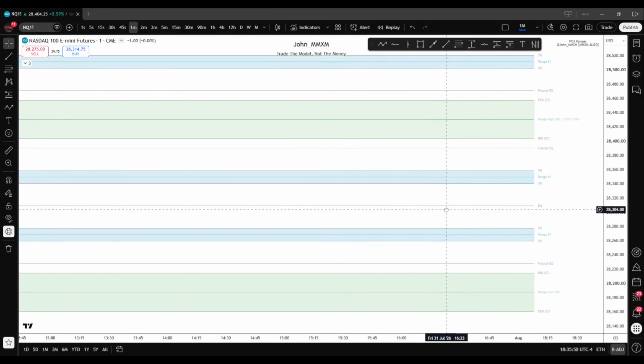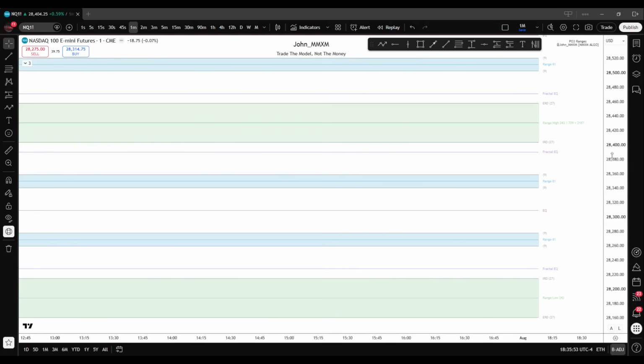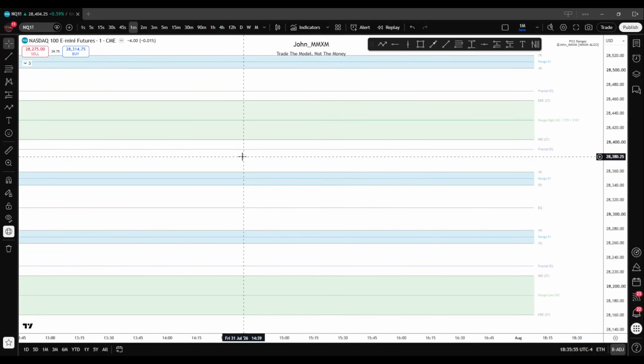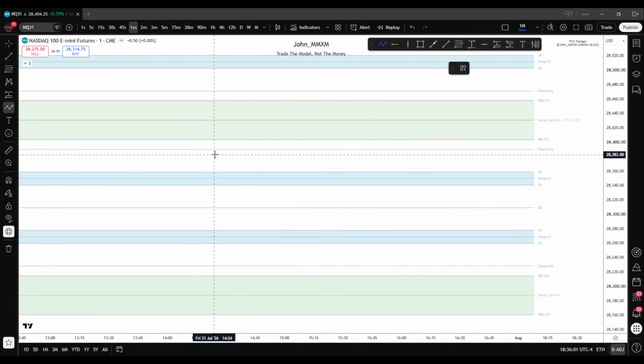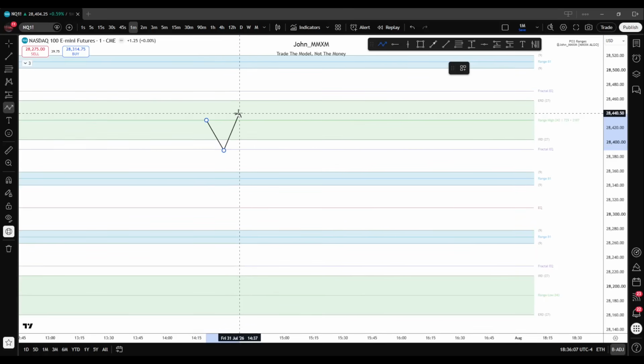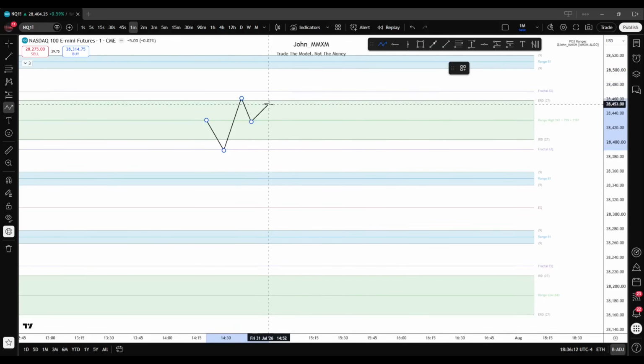Let's say we have one range above on, right? Now, if we're going to be doing this specific price delivery model, I expect price to go above the range high. All right, so let's just say this. Price goes through range high. Anywhere in here, doesn't matter.